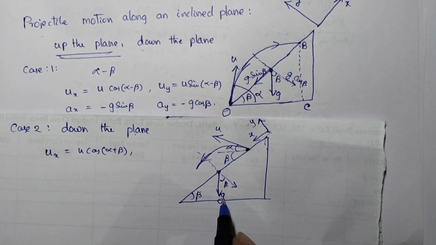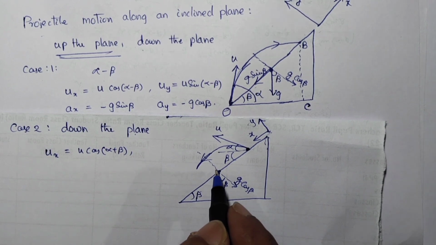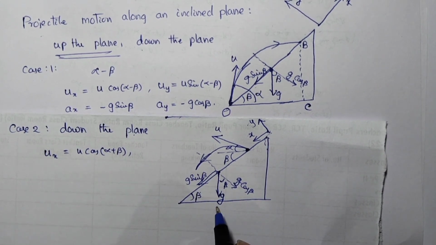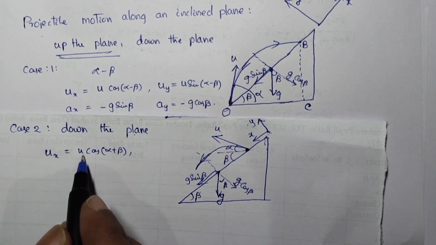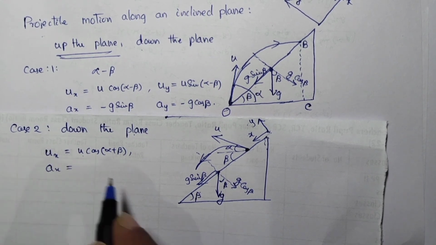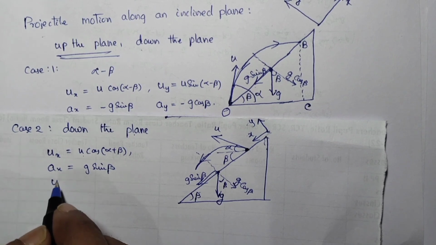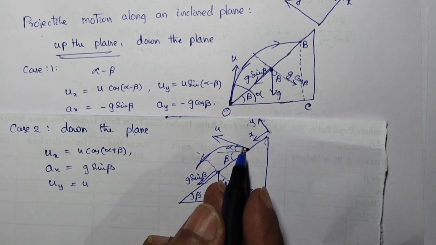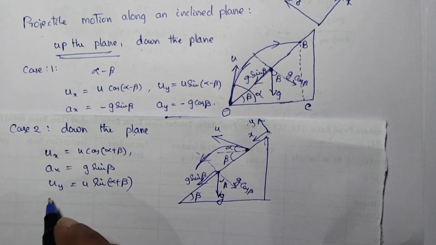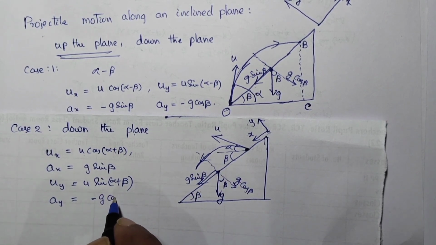The components are g sin beta along the plane and g cos beta in the opposite direction of y. So ux is u cos(alpha plus beta), and ax is g sin beta in the x direction, and in the y direction uy is equal to u sin(alpha plus beta), and ay is equal to minus g cos beta.